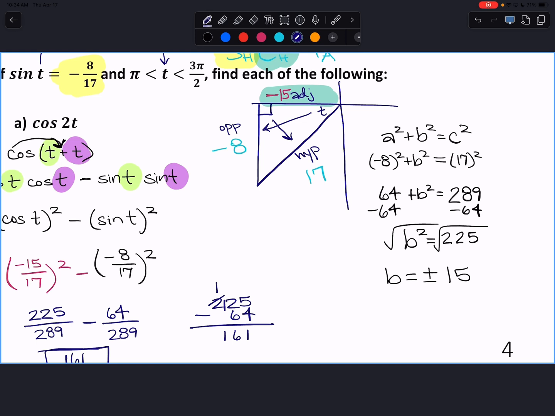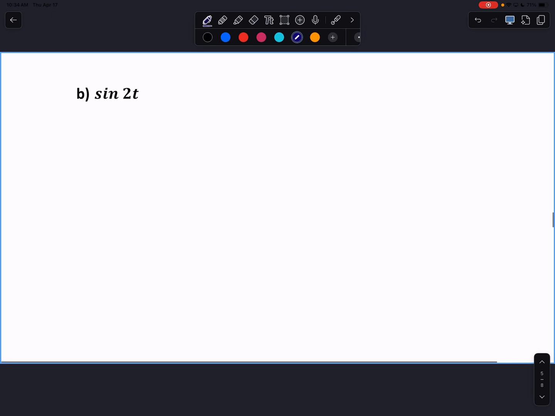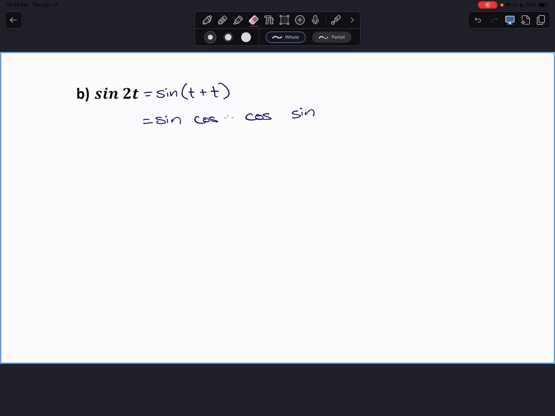All right, person 3. Who's number 3? Do you mind walking me through what you did, please, sir? This is sine, sine, cosine, cosine, sine. Keep the same sign, which would be plus, because it's sine.